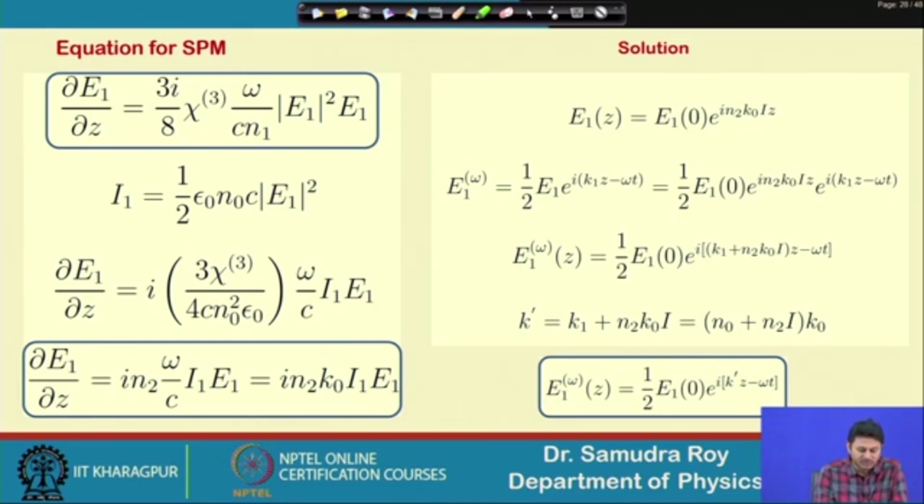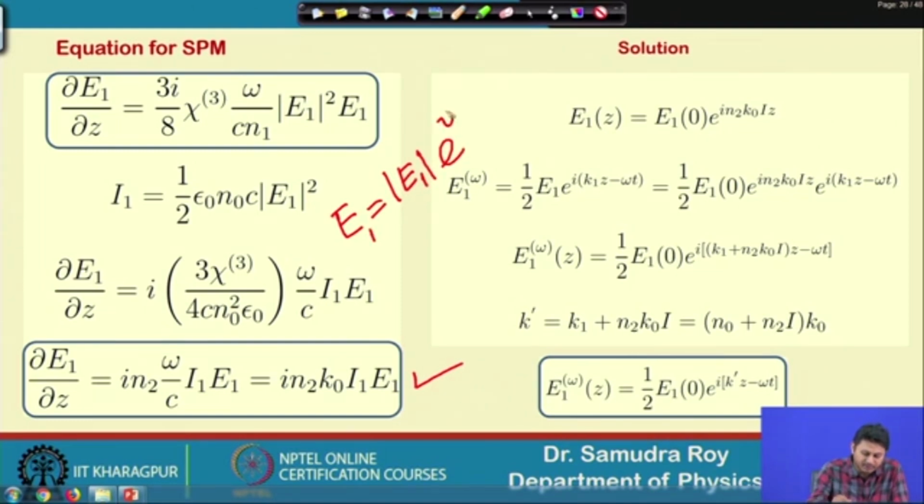So this is the total equation of the electric field, and this total equation of the electric field should contain the equation of phi, because this is a complex equation. E is now having two parts. One is mod of E1, the amplitude part, and one is the phase part.